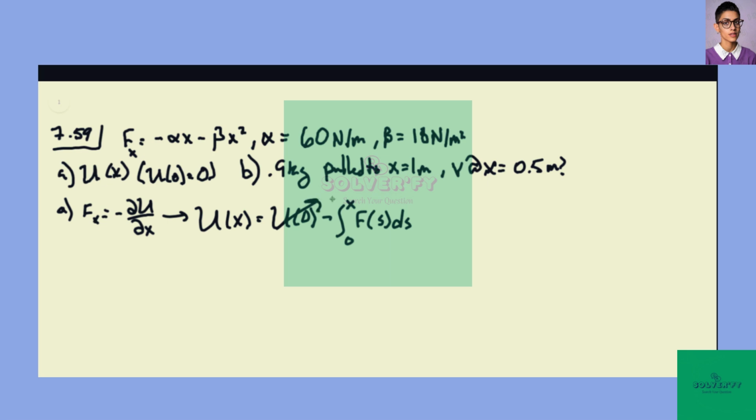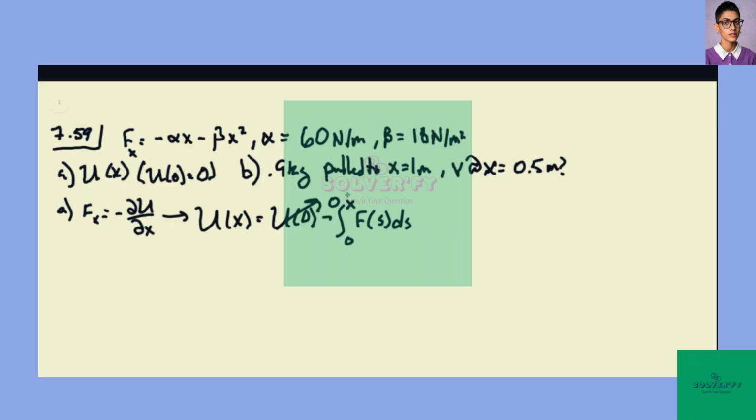We're told we want this to be 0. So this is the negative integral from 0 to x of negative alpha s minus beta s squared ds.